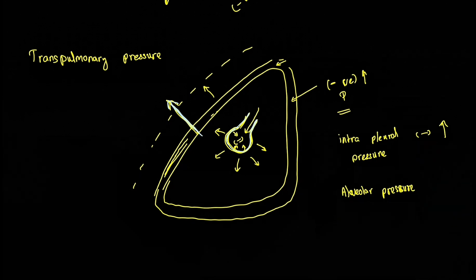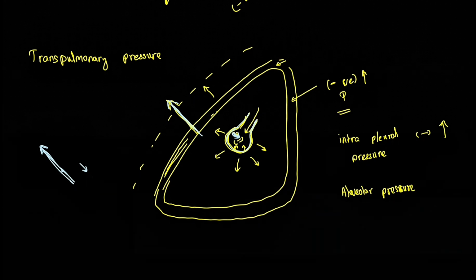So there will be a small arrow inwards. So we are going to see the net pressure during expiration. This is a bigger arrow here, and there's a smaller arrow here. I could have spoken with the numbers, but yeah.